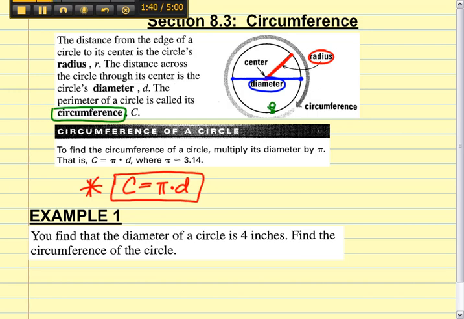I'm standing on the circle, and I walk around the circle back to my beginning. The distance around the circle is called the circumference. That distance is called the circumference. Okay? Does that make sense, Aiden? So we got all three of these words down. We know what the radius is, we know what the diameter is, and we know what the circumference is.